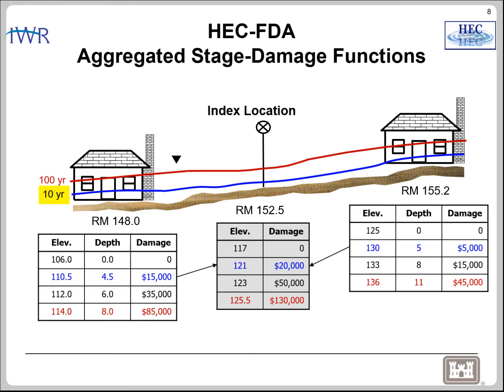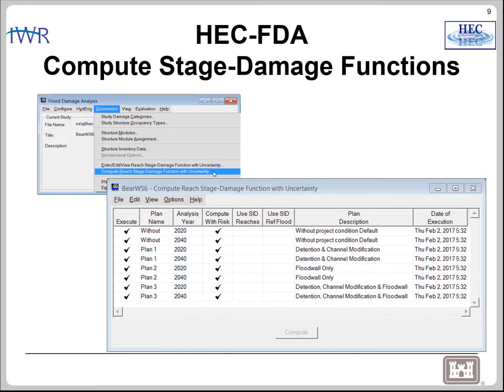And for structure RM155.2, there was $5,000 in damage. Those damages are added together at the index location, and therefore the index location stage was 121, and therefore the aggregated damage was $20,000.